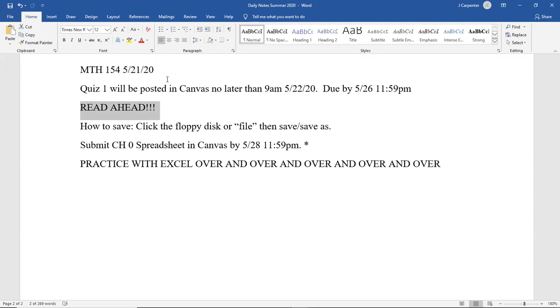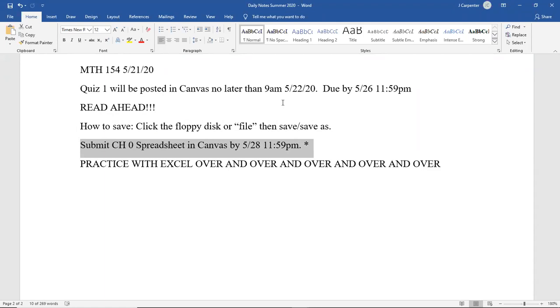I always reserve the right to give a pop quiz based on reading materials and not just the textbook, but I also have those chapter notes to share, which I'll need to pull up in just a second. A quick reminder on how to save stuff. I just left that in from the notes last time. Also, you are supposed to submit the chapter 0 spreadsheets in Canvas. I'm trying to remember if I set that up in Canvas or not.